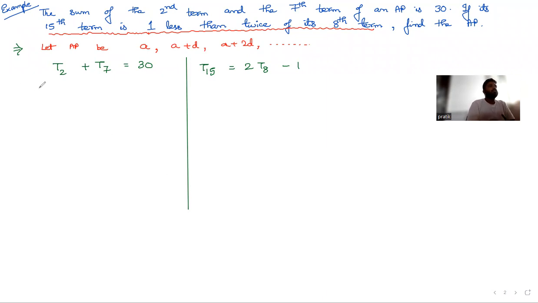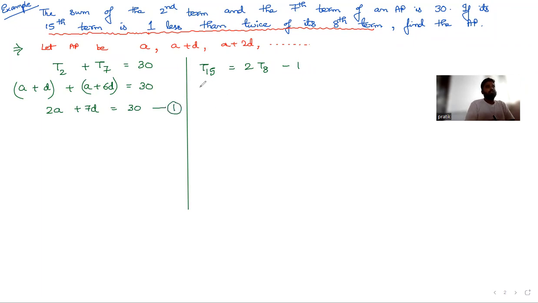Similarly, we'll substitute because we know the formula for T of n, which is a plus (n minus 1)d. So T2 is a plus d, and T7 is a plus 6d, that is equal to 30. When you simplify this, this will become 2a plus 7d equals 30. Is anything common? No. So this is your first equation.